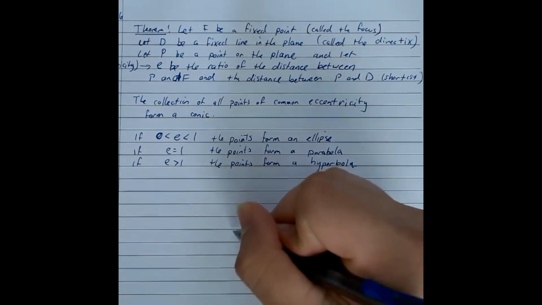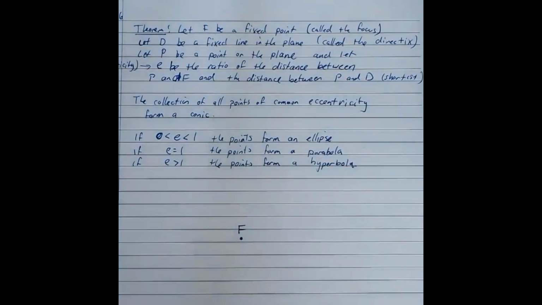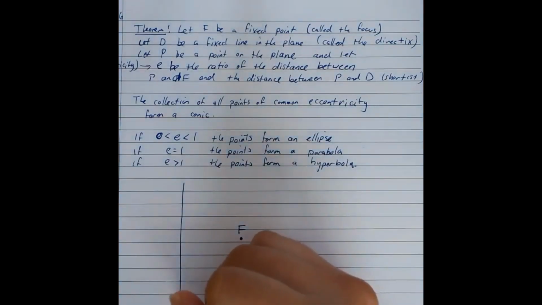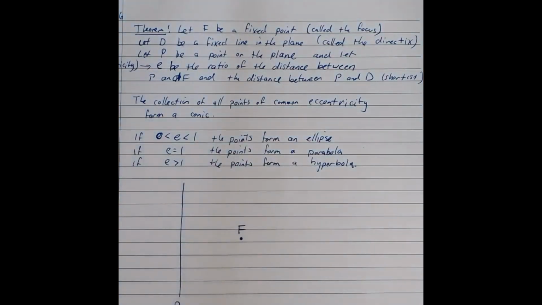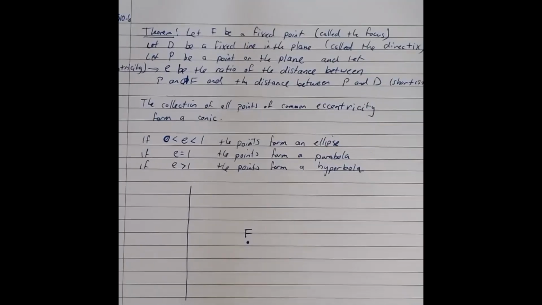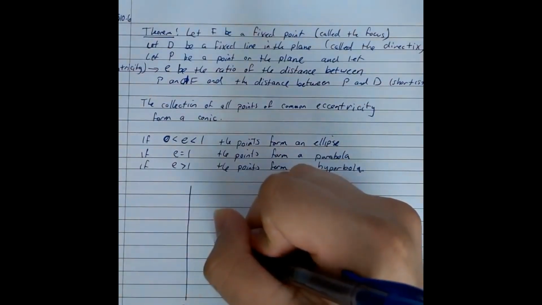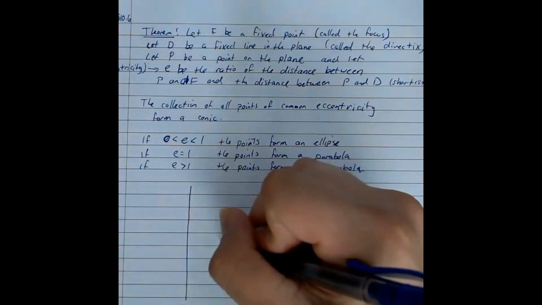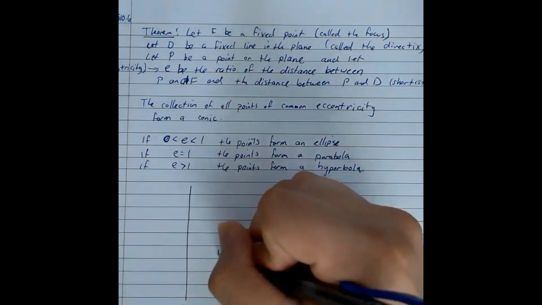Let's call that F, and that's your focus. Now you have some line, and this is your directrix, D. Now let's take a point, and I'll just put it right over here between D and F. So here's a point, and I'll call that P.